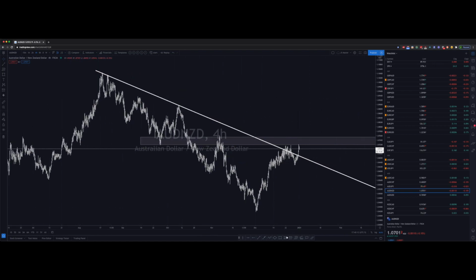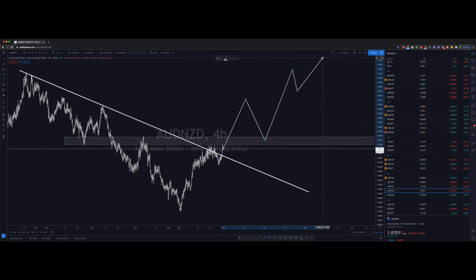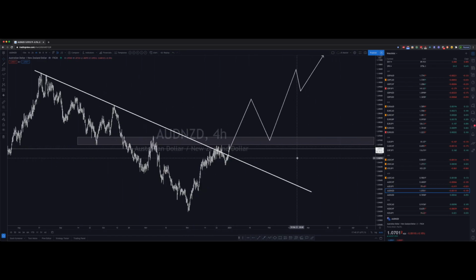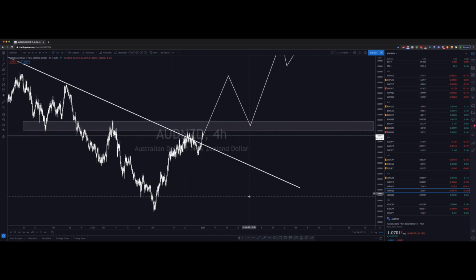What I'll be looking for here is a clear breakthrough and then a come back down. It always gets me. All right, so we'll be looking for a clear breakthrough at that level, come back down, test it, and then a confirmed move higher. Something like that. So I'll keep an eye on this and see what sets up.